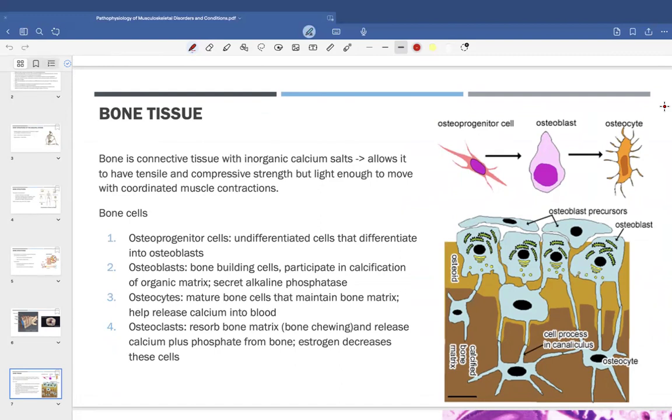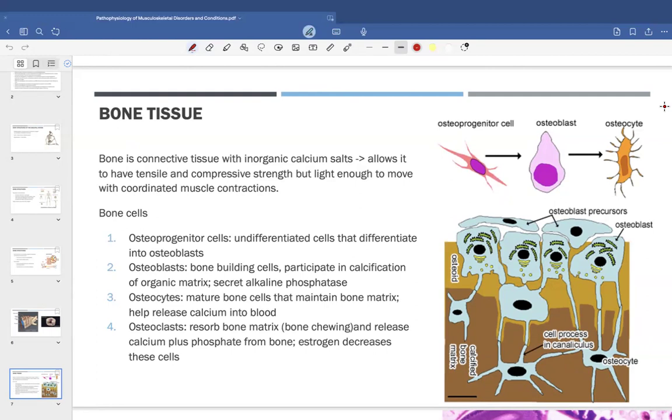Again, think of bone as living tissue. It's a bunch of connective tissue with cells embedded within it. That's essentially calcified. It's got calcium, magnesium, phosphorus, other salts, and organic compounds that harden it.